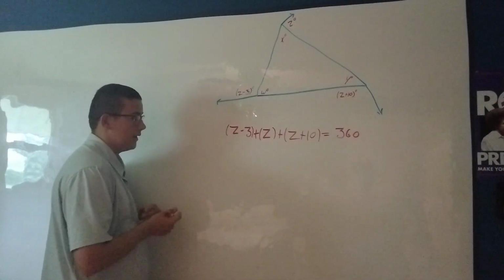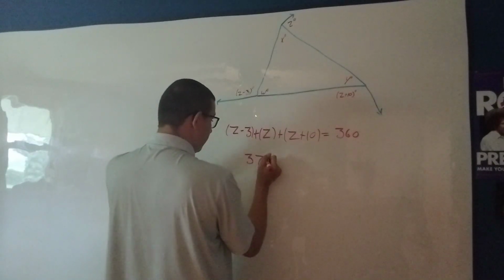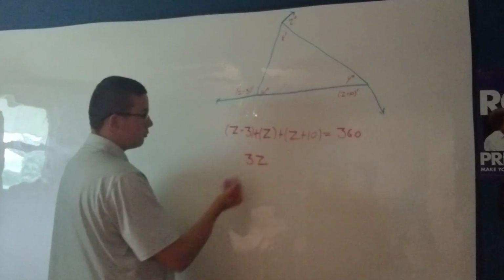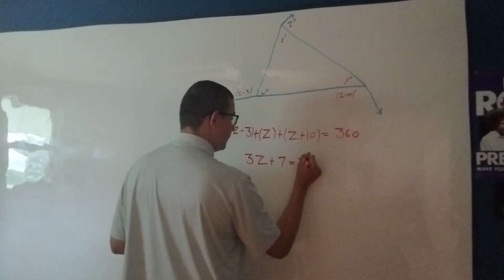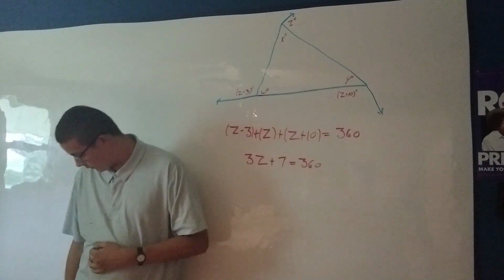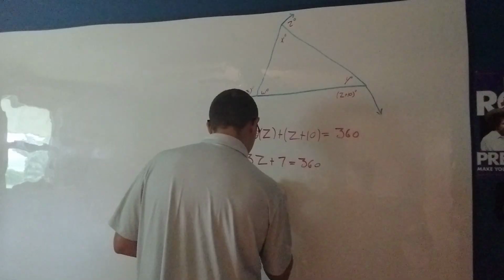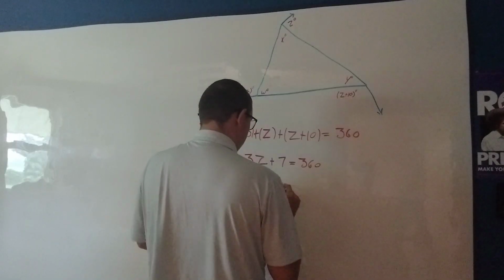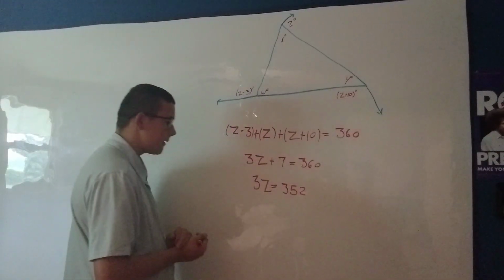Now from here we can just simplify this out to 3z, because there's 3z, and then we take the -3 plus 10, goes to plus 7 equals 360, like that. Then from there you do 360 minus 7, so 3z equals 353.